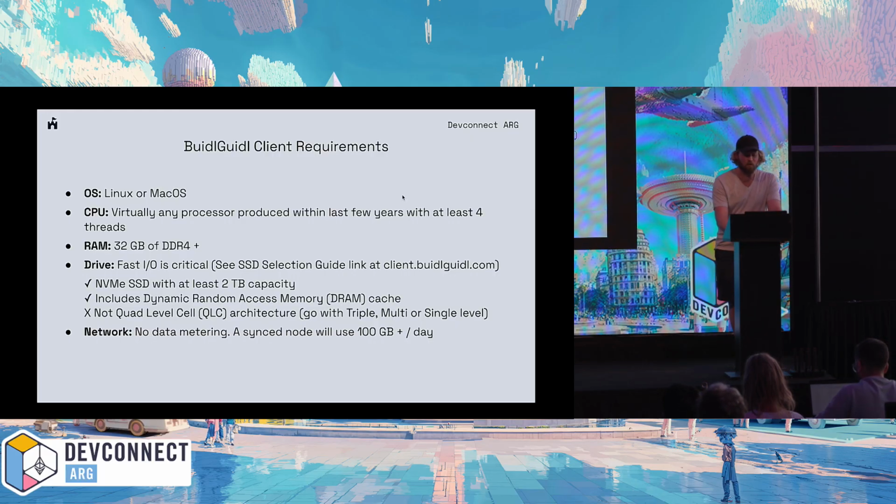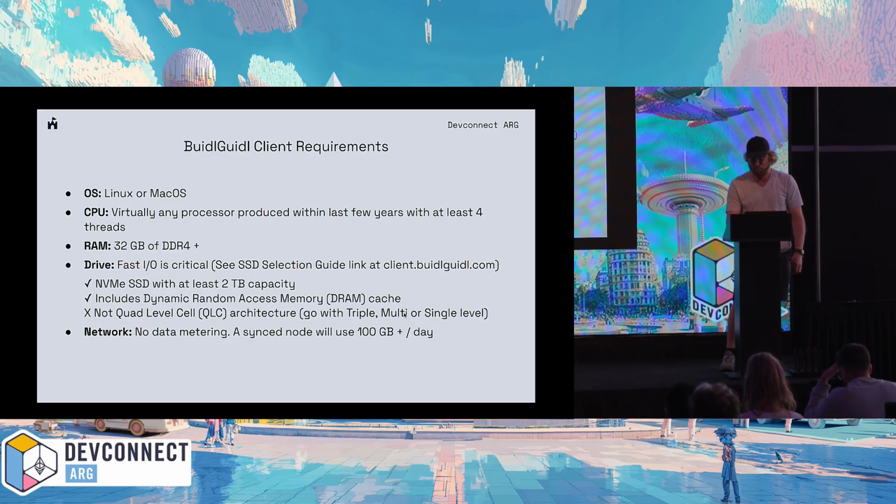And the quad level cell architectures are going to be the most budget friendly. You'll see a lot of those out there, but you want to stay away from those. They're not so quick on read or writes, and they tend to degrade a lot faster. As you get down triple, multi, single, the lower you get on the levels, the more expensive. So multi or single level architectures are probably going to be like enterprise and kind of out of reach. So the sweet spot's going to be a triple.